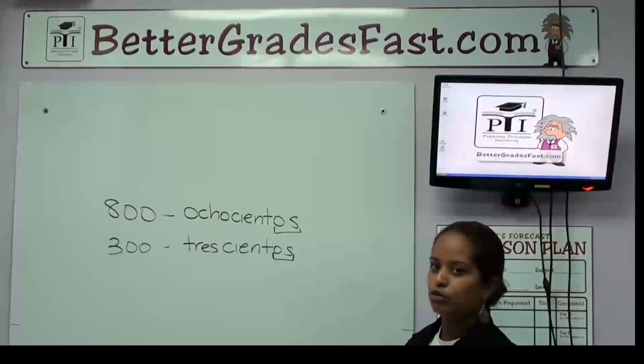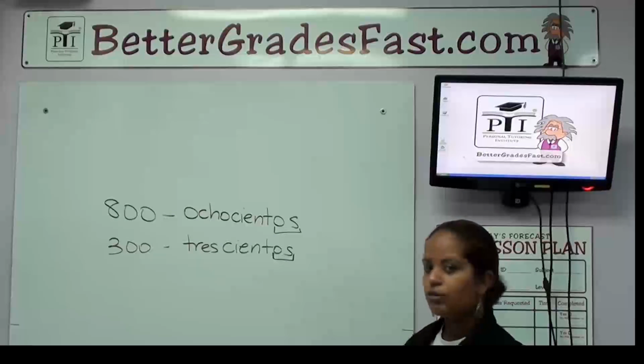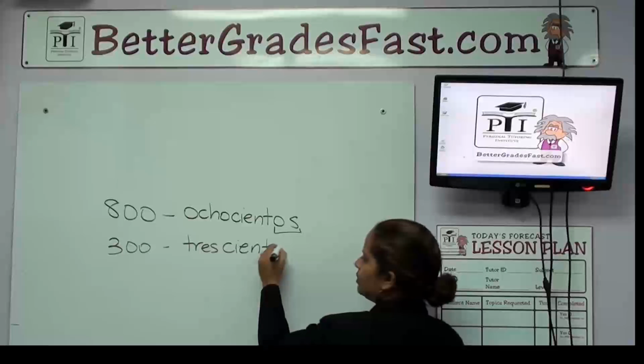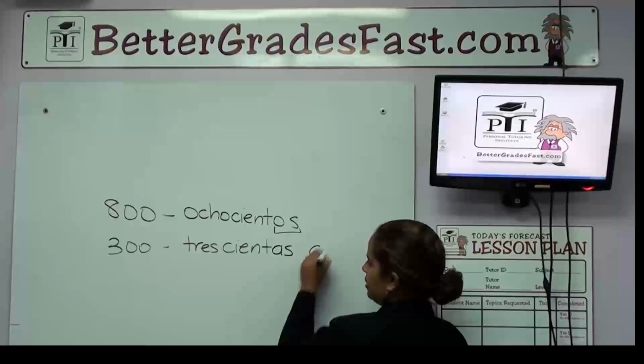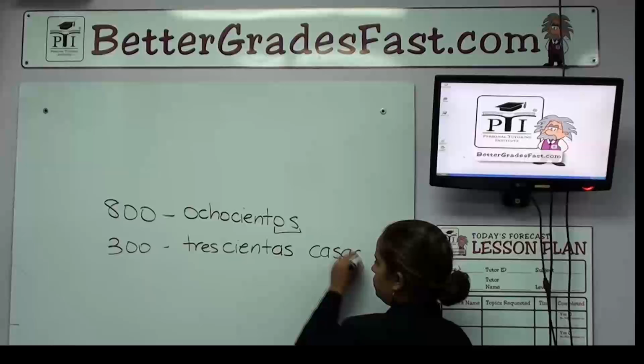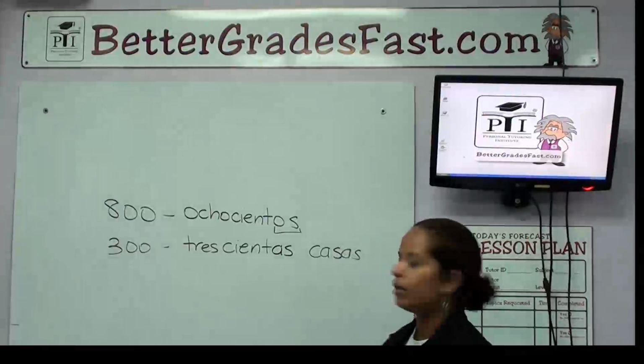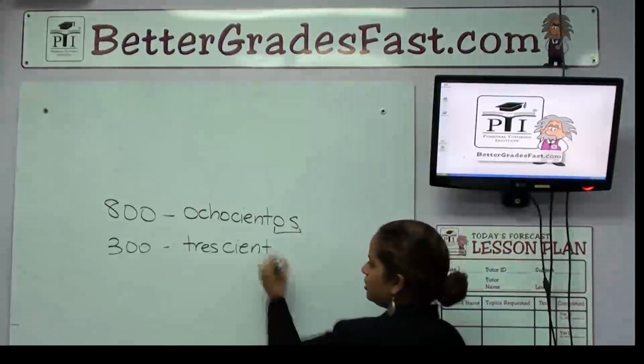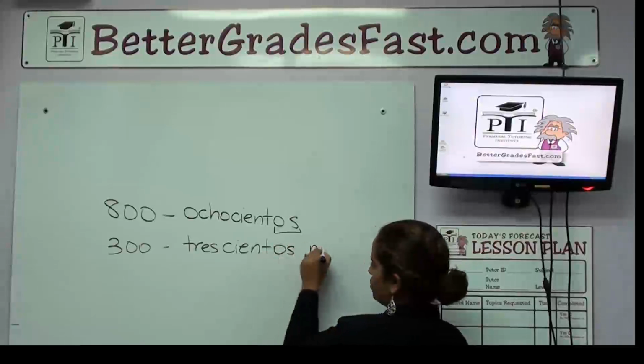So, let's say you were talking about houses, 300 houses, and you know casas is feminine, you would say 300 casas. But if you were talking about boys, you would say 300 niños.